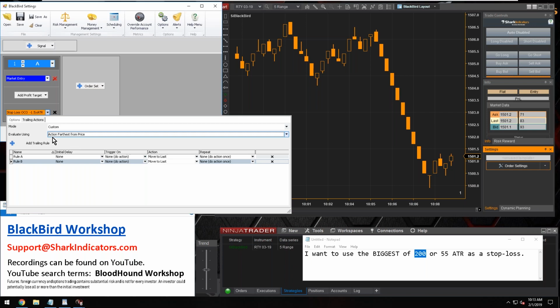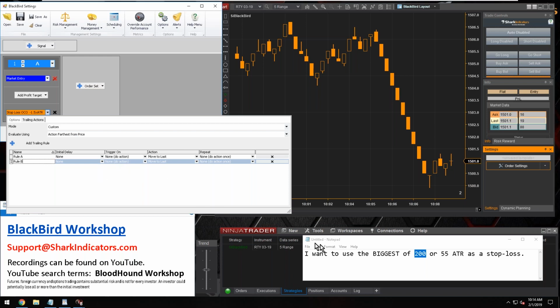We can answer the question simply by setting the evaluate to furthest from price. And so whichever of our trailing rules will move the stop loss and calculate a price that's furthest from price, that's the trailing rule that will get used.